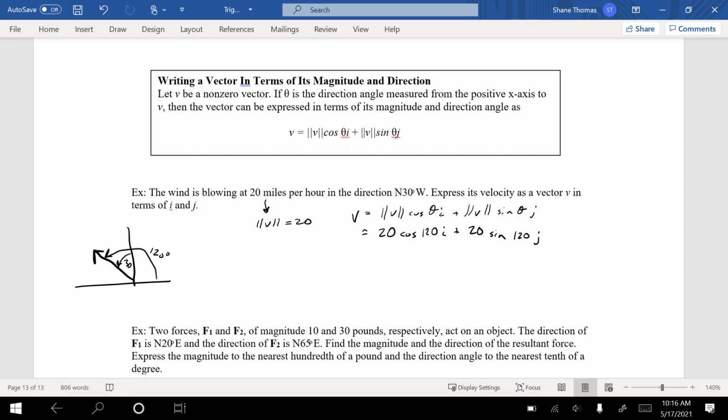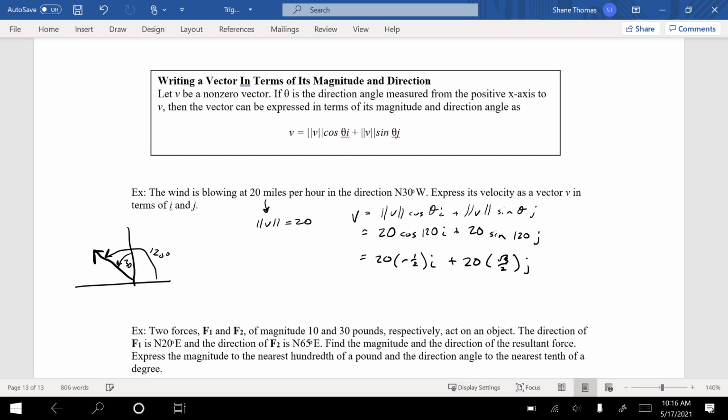All right, we'll do this if you're using your unit circle. So the cosine of 120 is going to be negative 1/2. Sine of 120 is going to be root 3 over 2.